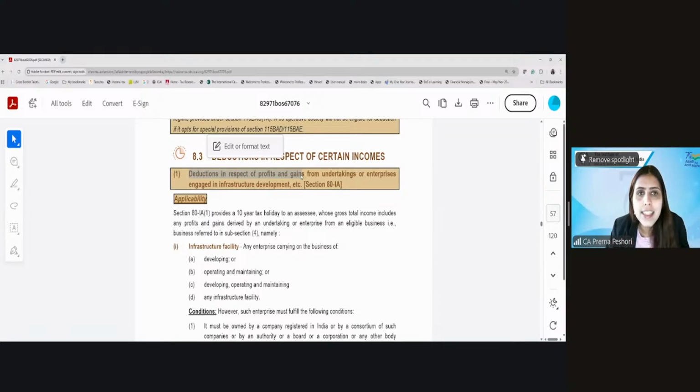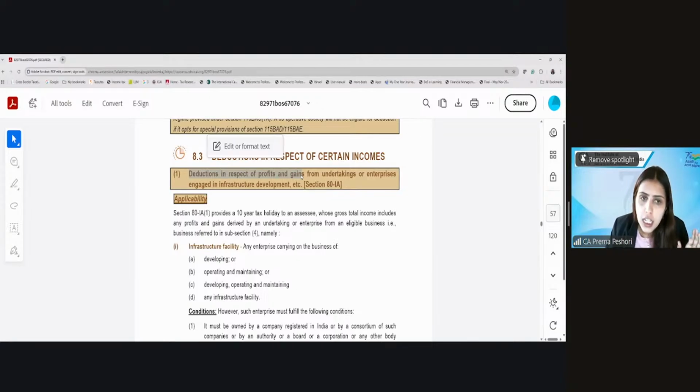So what does 80-IA say? 80-IA provides a 10-year tax holiday to an assessee whose gross total income includes any profit and gains derived by an undertaking from an eligible business.